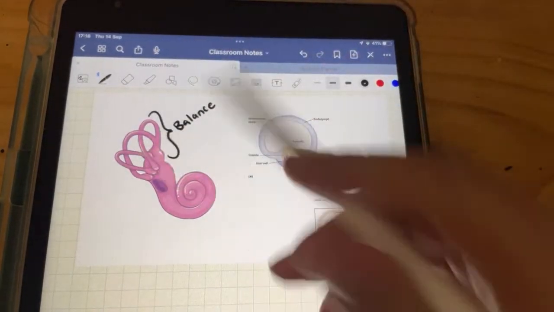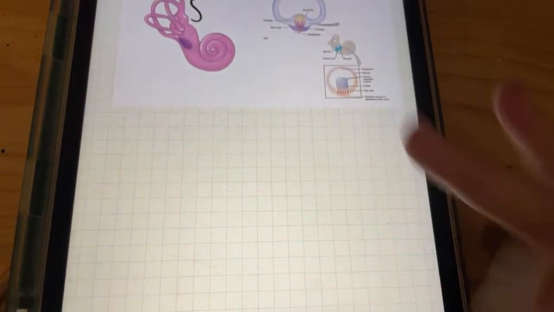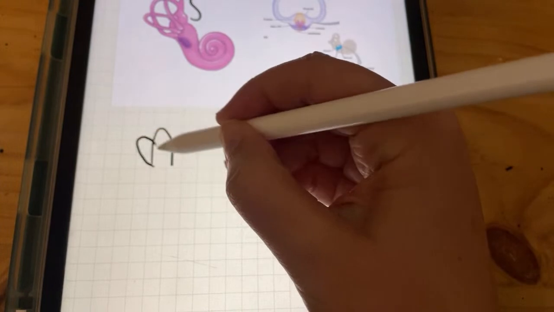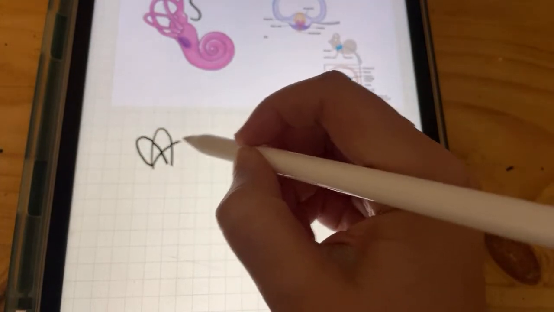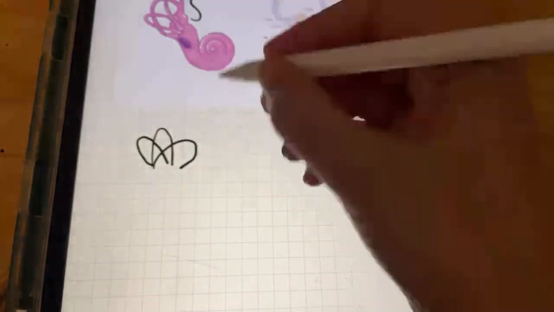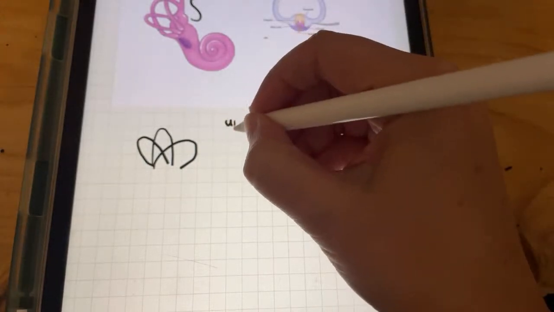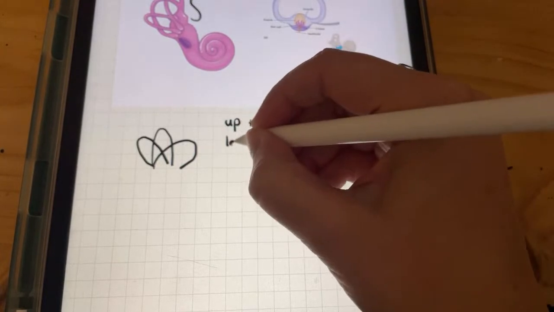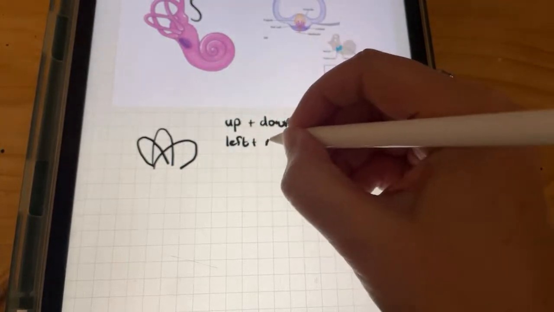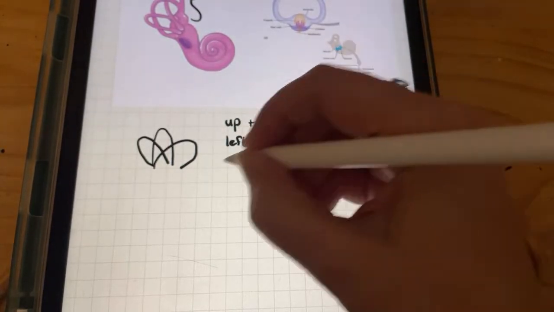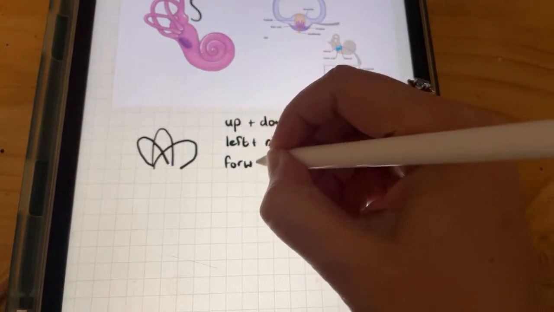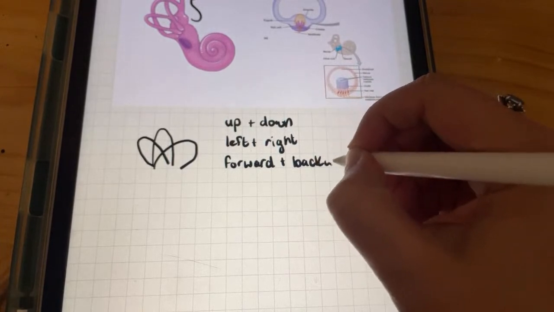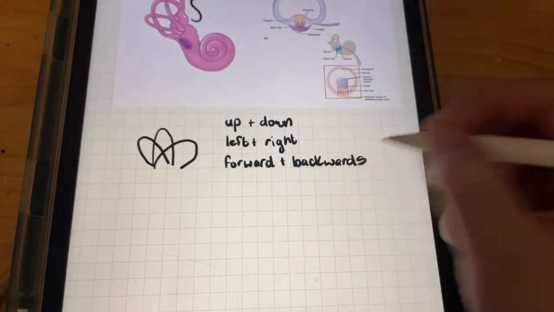Right, so you have 3 semicircular canals, and the reason why you have 3 and they all sit at right angles to one another is because you need one that tells you you're going up and down. You need one that's going to tell you you're going left and right. And the third one tells you if you're going forwards or you're going backwards. So that's why you have 3.